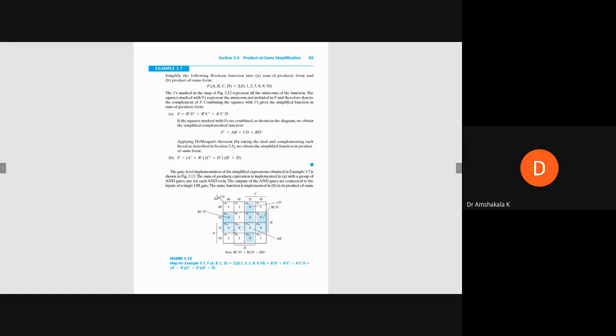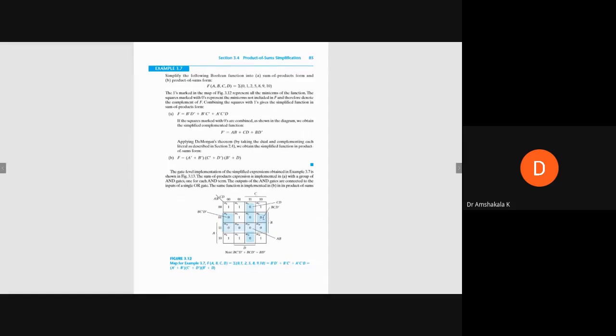There are 2 more zeros that are left out, M4 and M6. But we know M6 and M14 are adjacent to each other. M6 and M12 are adjacent to each other. Then M6, M4 are adjacent and M14 and M12 are adjacent to each other. So you can group these 4 cells together into one group.